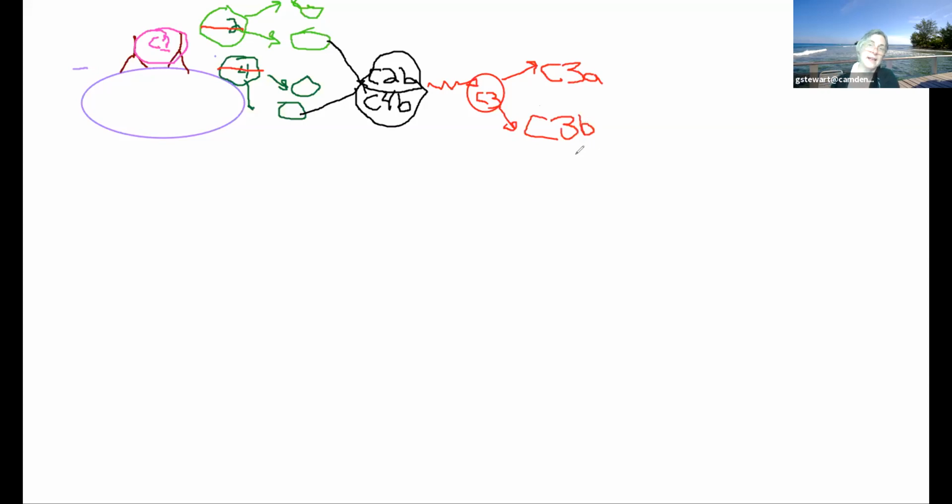This is the last of these molecules to become enzymatic and be able to have an effect on and split or break apart another molecule, and that's going to be C5. Circle here. It's a little easier. C5. And C5 is also then going to be split into two pieces, 5A and 5B.